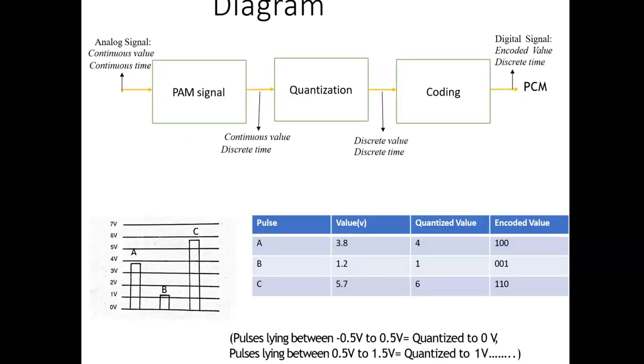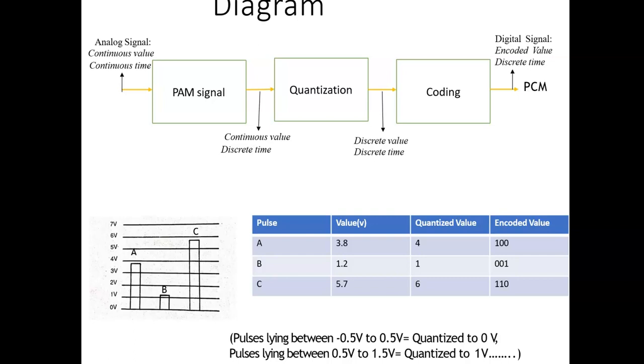This is the PCM transmitter: sampler, quantizer, coder. Sampling is done by the PAM, pulse amplitude modulation. The input of the PAM is continuous in value and continuous in time. The output of the PAM is continuous value, discrete time. The output of the quantizer is discrete value, discrete time.